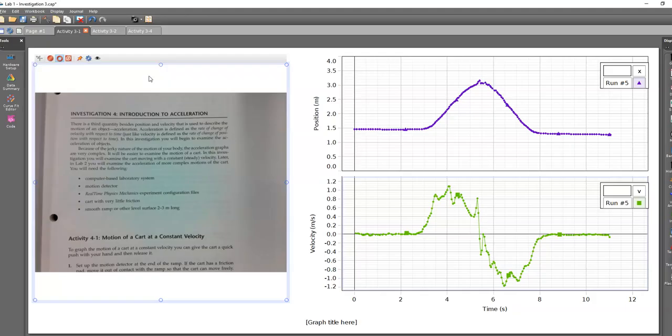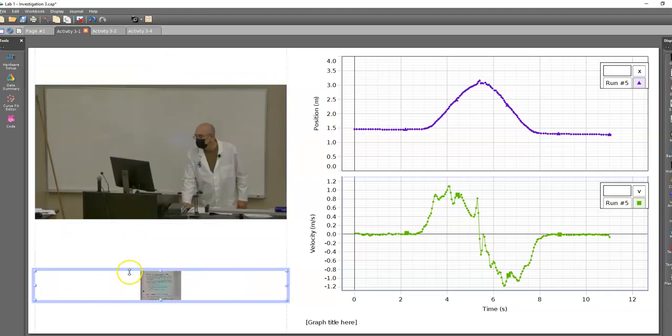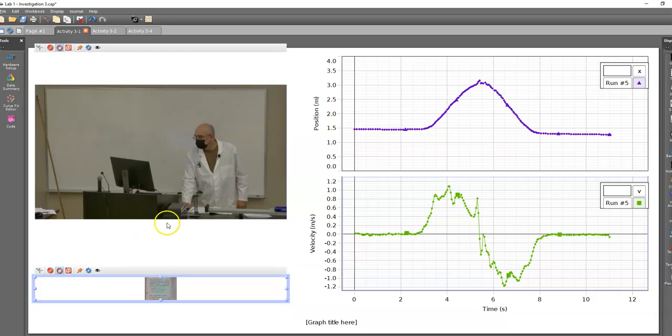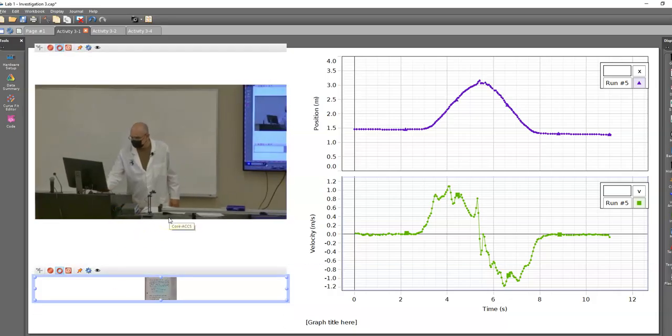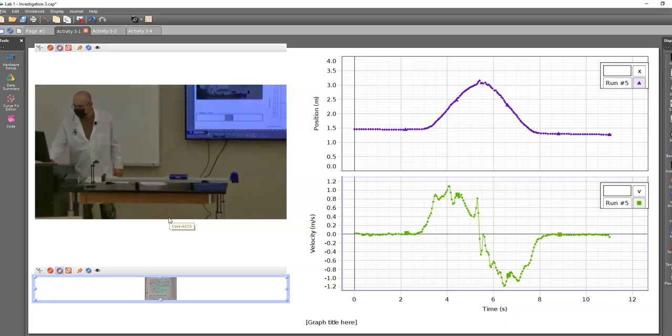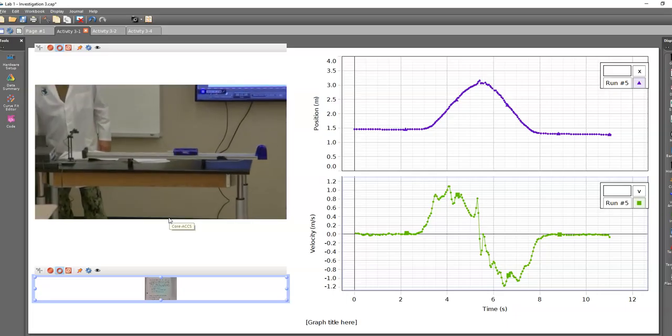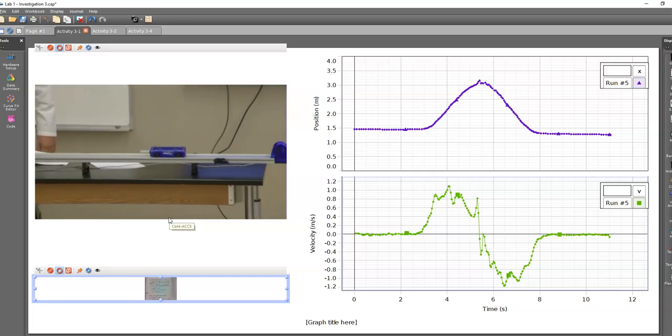So I'm going to need to change my camera controls a little bit. Let's see, will that work for me? No, that won't work for me. So let's do that. All right. So there we go.